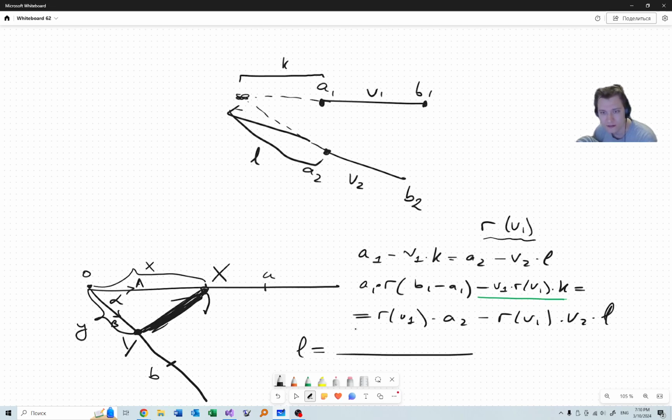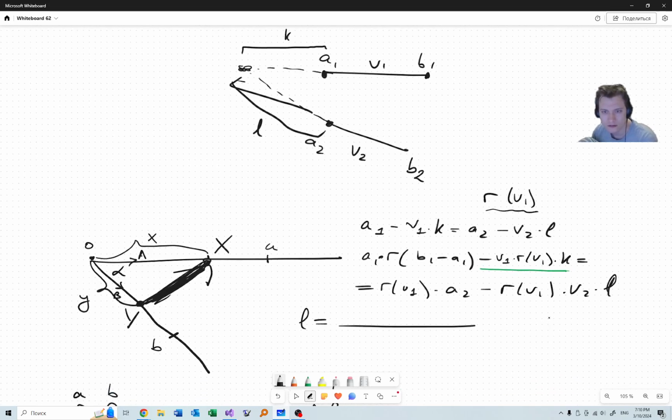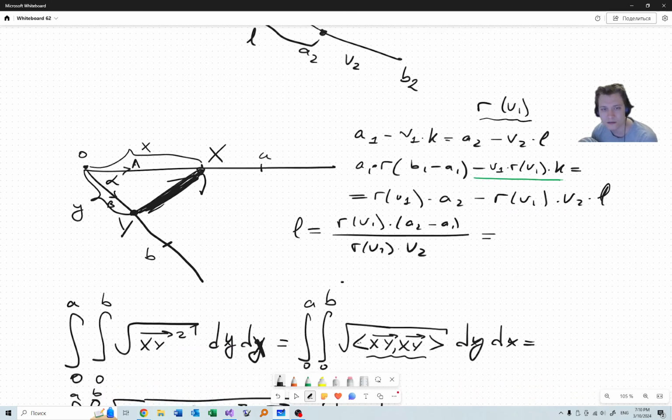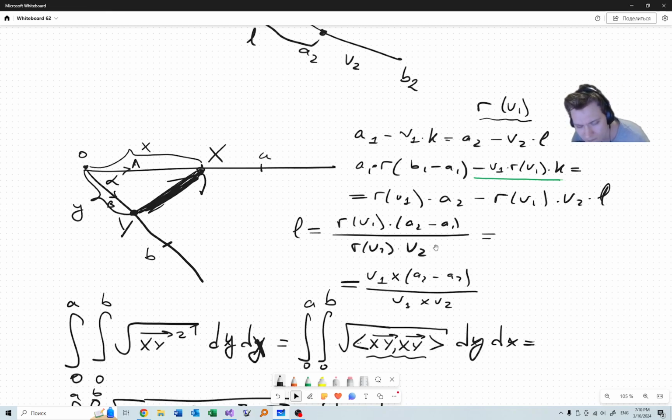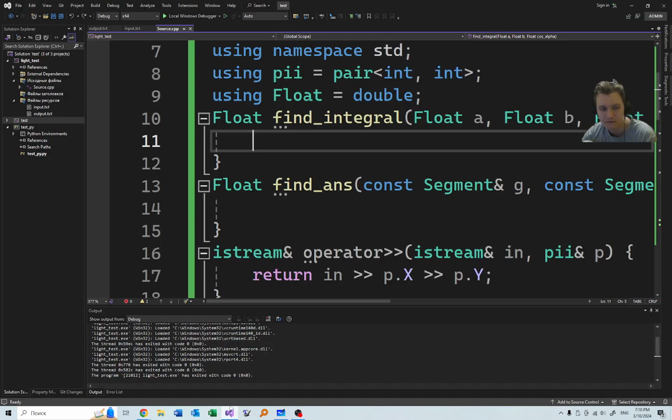L is simply r of V1 times V2, and here we have r of V1 times A2 minus A1, and it can be rewritten as V1 times A2 minus A1, and here V1 times V2. Okay?